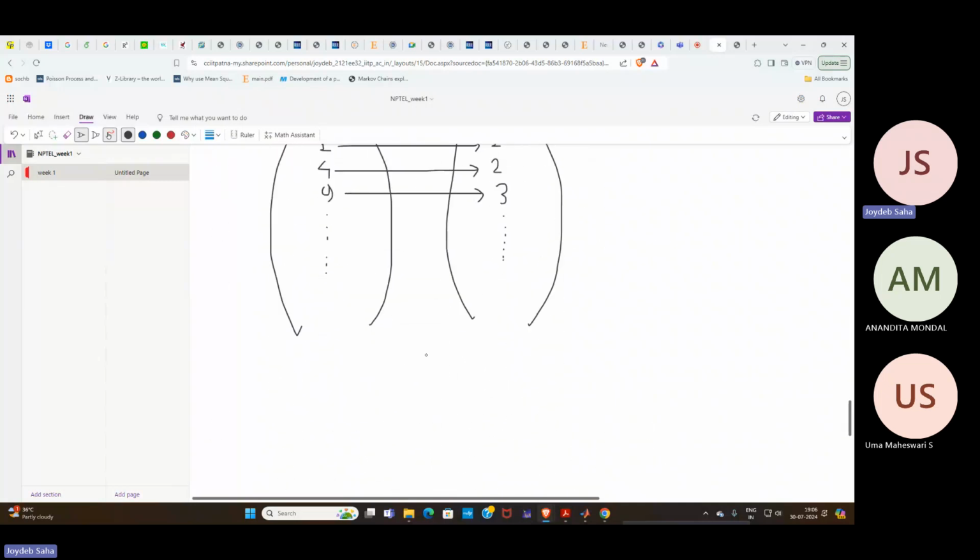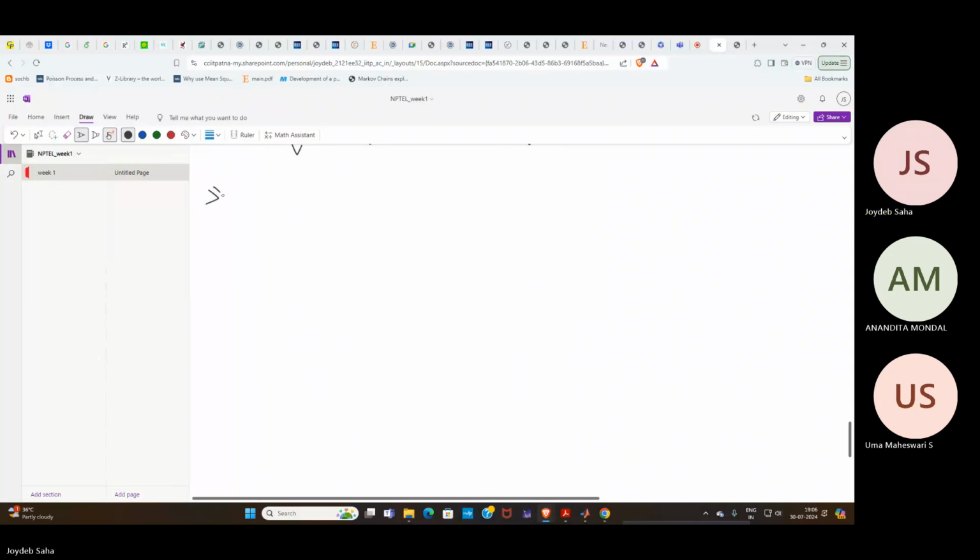Now come to another question. Z is a set which includes, like this: 0, 1, minus 1, 2, minus 2, 3, minus 3, 4, minus 4 and so on.